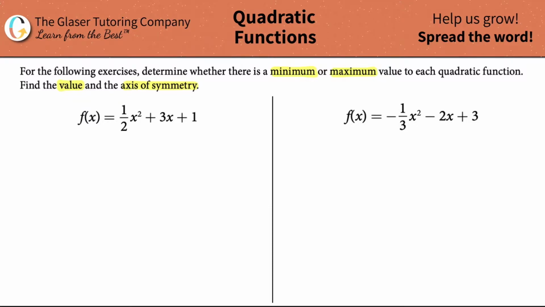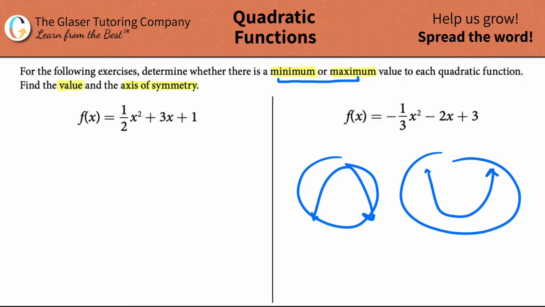We know that the minimum and the maximum value basically comes from the vertex. But more specifically, it's going to tell you if your quadratic function is smiling or frowning. Remember, there's two different functions for quadratics. You're either frowning or you're smiling.